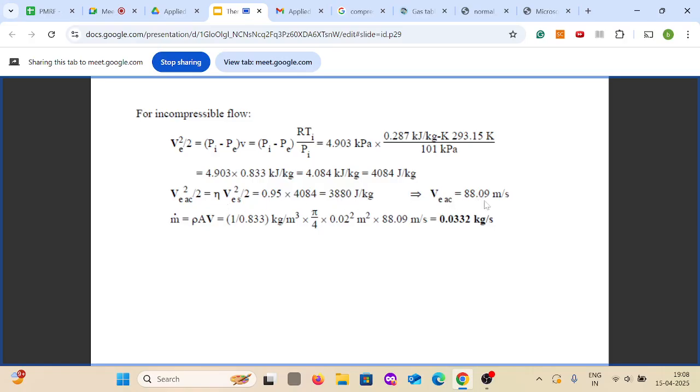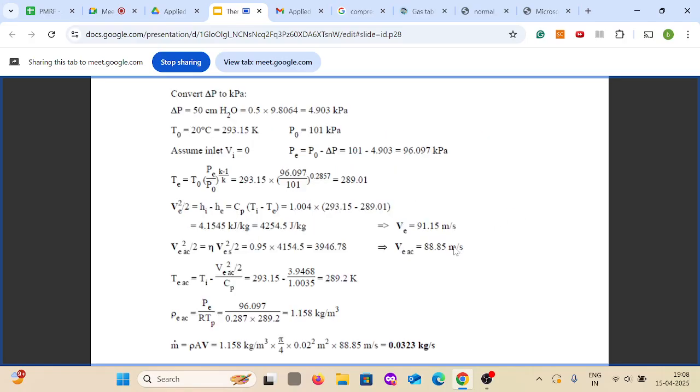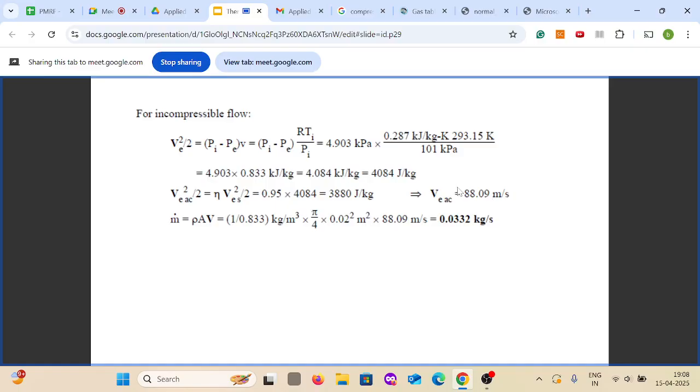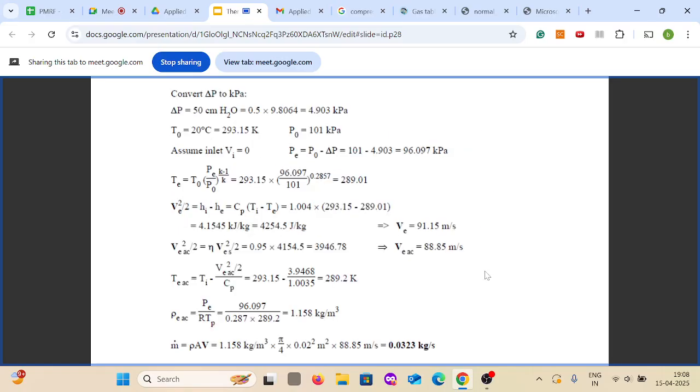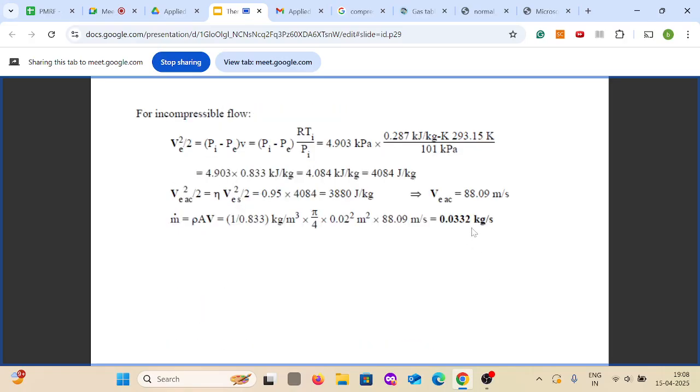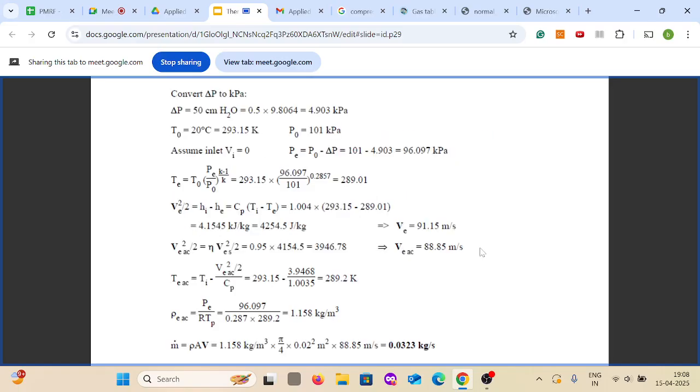So the actual velocity comes out to be 88.09 meters per second, and the mass flow rate comes out to be 1 by 0.833, which is the density, density into area into velocity, which comes out to be 0.0332 kg per second. So it's predicting a higher mass flow rate compared to the case of compressible flow.